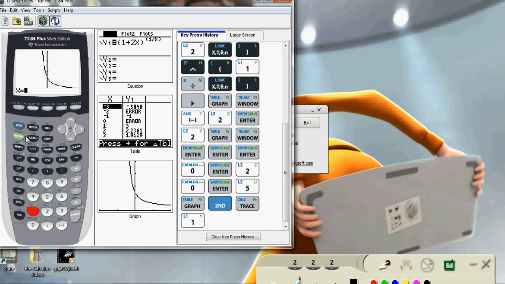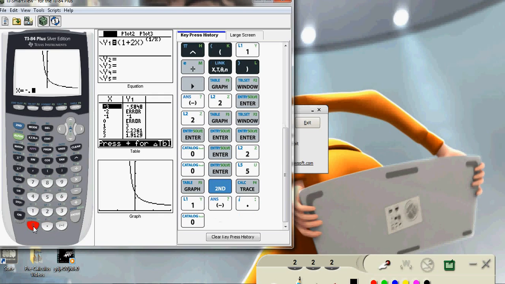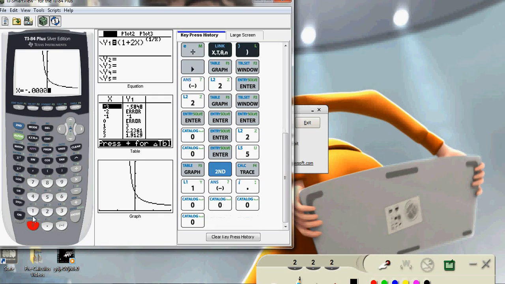I'm going to put in -0.00001 and see what I get. Hit enter, and it says 7.3892, which is to 4 decimal places as being asked.